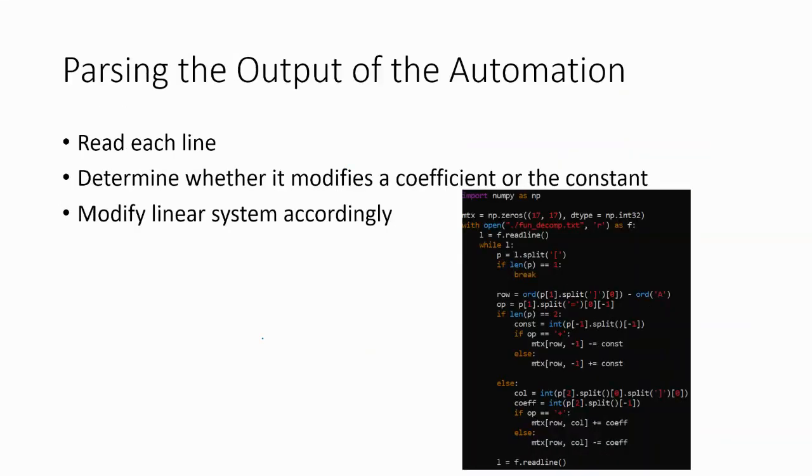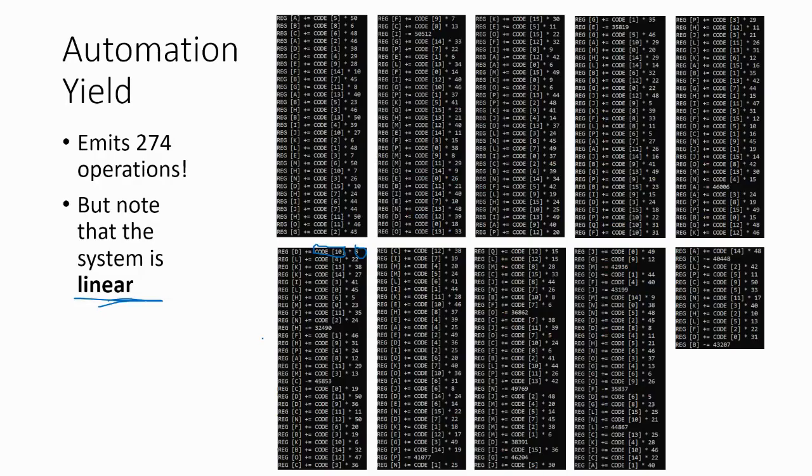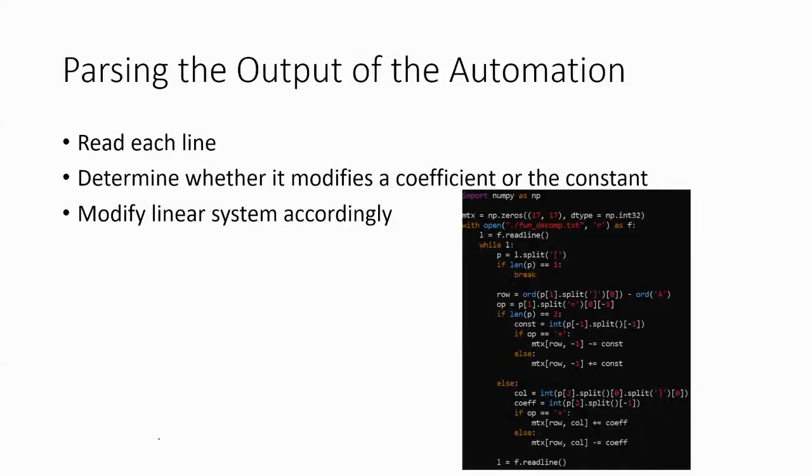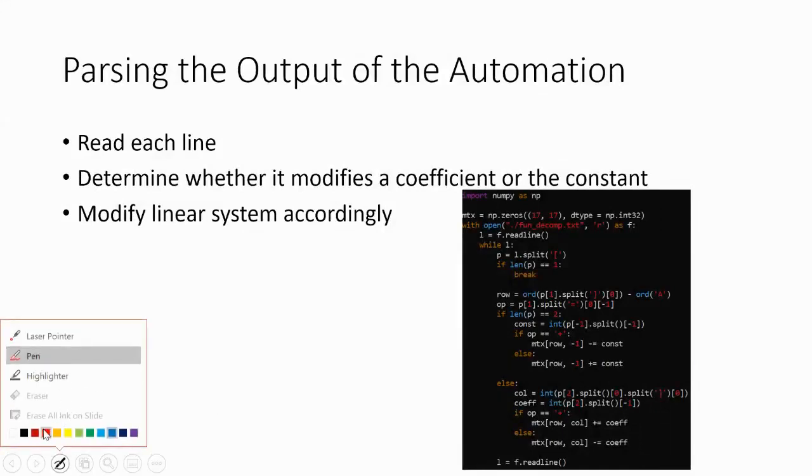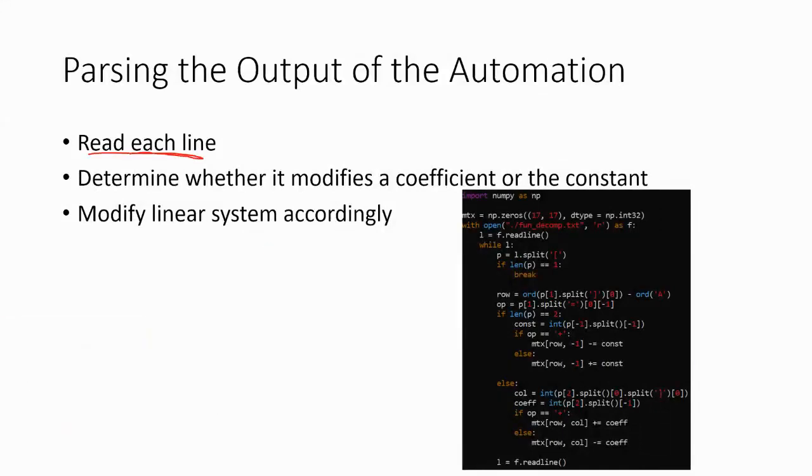After we get this output of the automation, we're still not done, right? We still have to arrange this into a linear system. But the procedure here is much easier than the previous step. All we have to do is read each line of the output and determine whether the instruction modifies a coefficient, in other words, it adds on a certain multiple of the input password, or if it's just a constant.